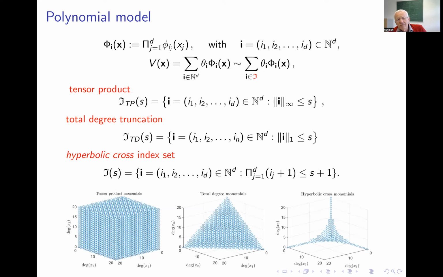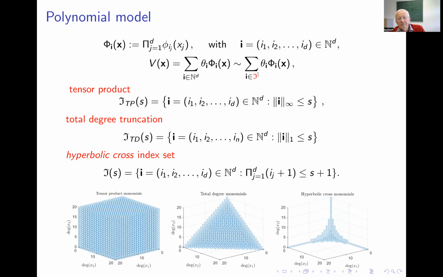It could be monomials or Chebyshev polynomials, for example. And we are replacing our ansatz now. I cannot take all of them, I'll just take indices from an index set, calligraphic I.